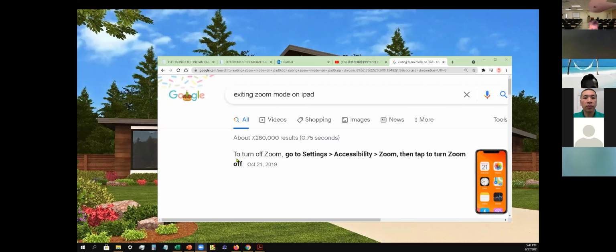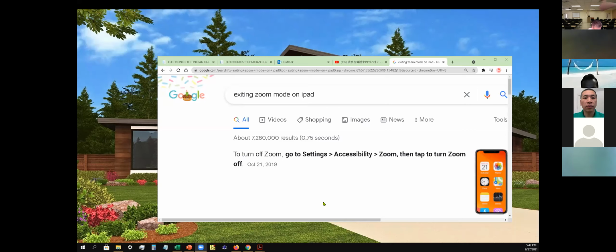Yeah, they said go to Settings and then go to Accessibility and then go to Zoom and tap to turn Zoom off. You mean on the iPad? Yeah, this is what I got from the web page. I did a search and that's what they tell me. Okay, exiting Zoom mode on iPad. To turn off Zoom, go to Settings, Accessibility, Zoom, then tap on turn Zoom off.